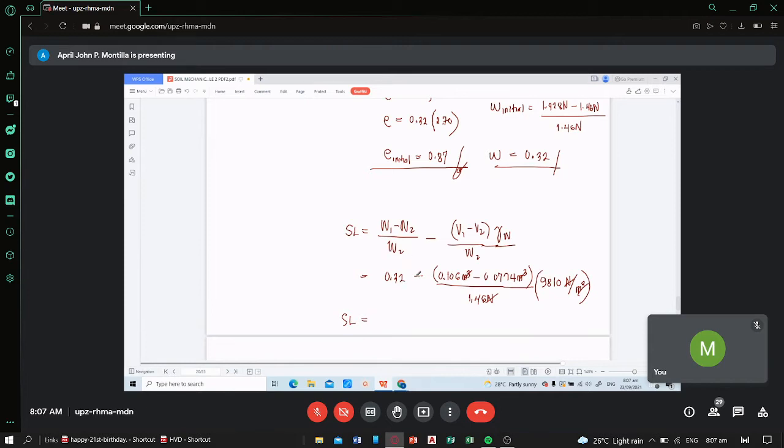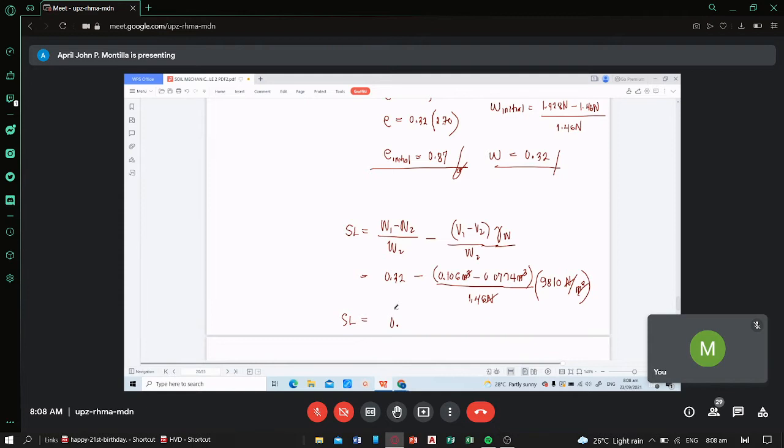Dapat mas maliit kay 0.32. Sir, negative po ang nakuha.